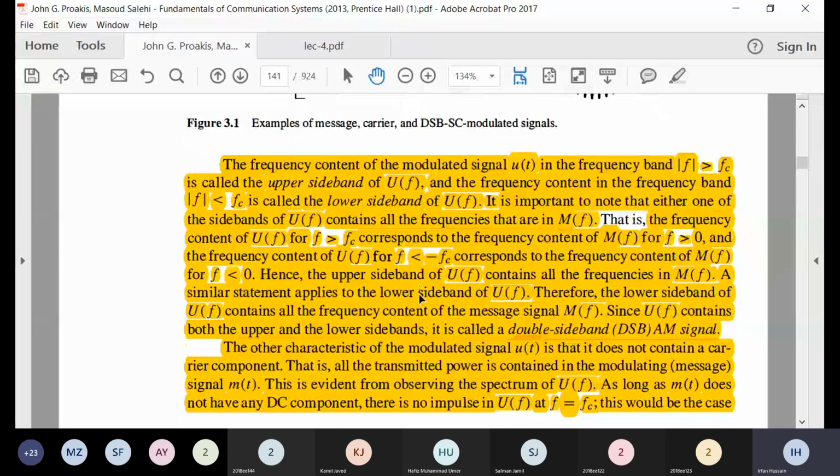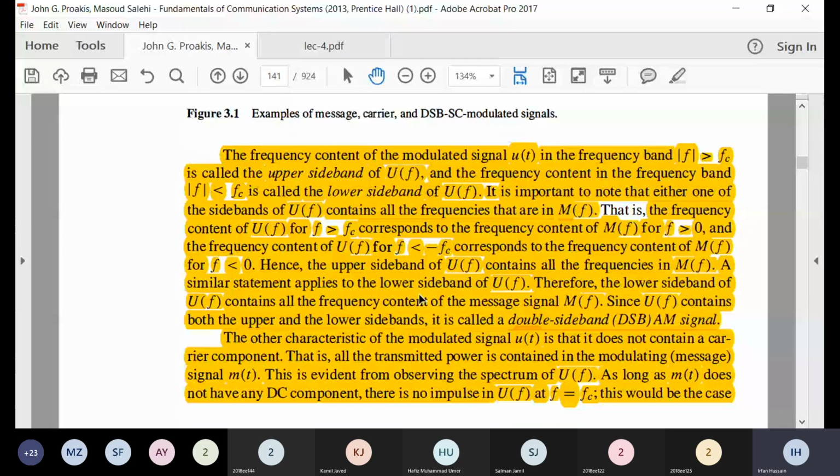Now here we have to understand some of the notions of our modulated signal, and all of it is written here. I have also highlighted it, but let us first read from the book, then I will also explain from the figure. All those frequencies, positive or negative, whose mod is greater than fc will be called the upper sideband, while all those frequencies whose mod is less than fc will be called the lower sideband.